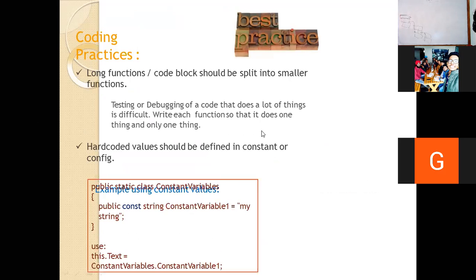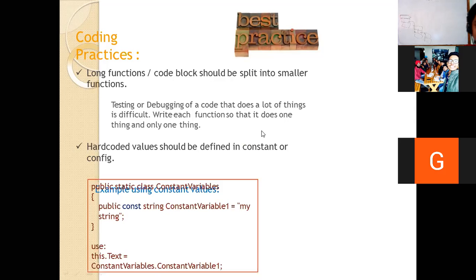Long functions, code blocks should be split into smaller functions. This is the best practice in coding. Testing or debugging of code that does a lot of things is difficult. Write each function so that it does one thing and only one thing. Each function should define one operation.